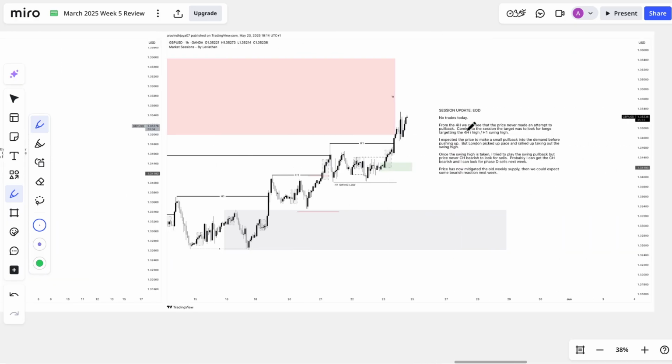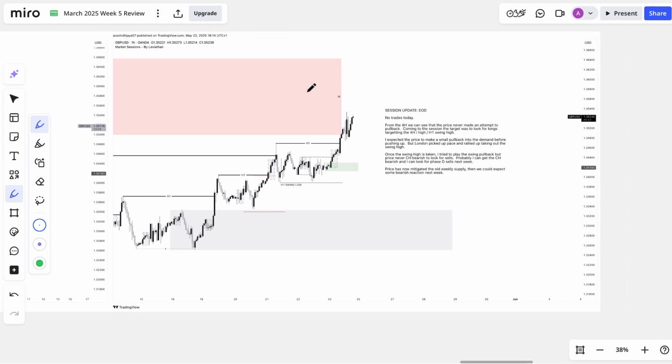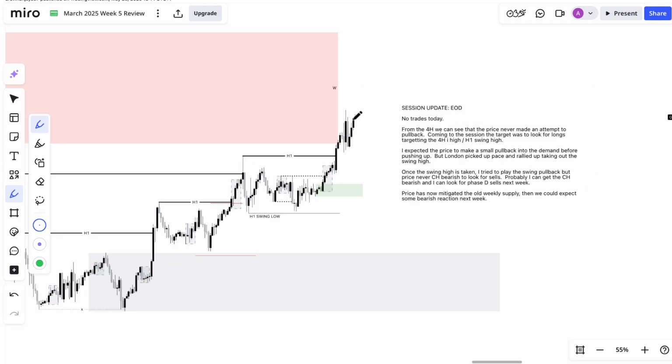And eventually, there was a weekly supply, which the price mitigated, and there was an expectation of the price to chalk bearish so that I can play some swing pullback into the discount prices. But price did not swing pullback. The low became strong and it held itself, and the price continued to push up.